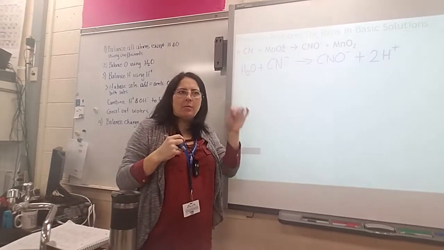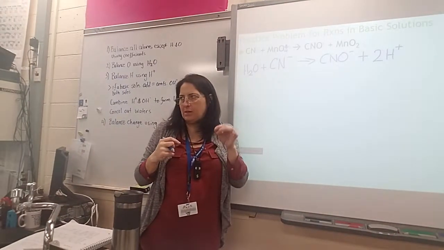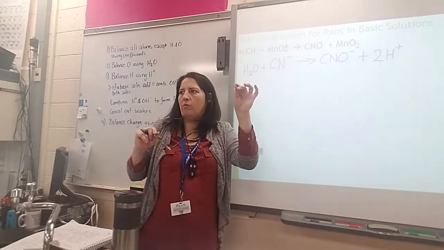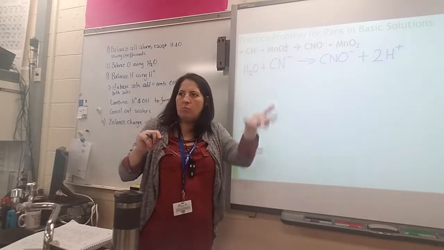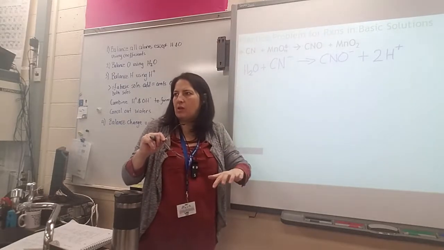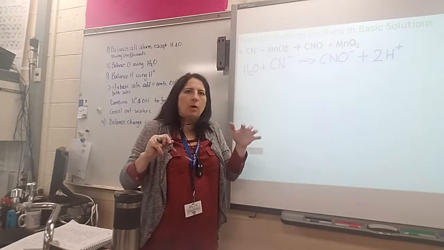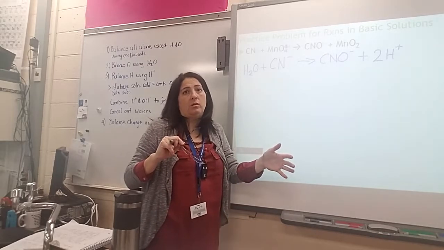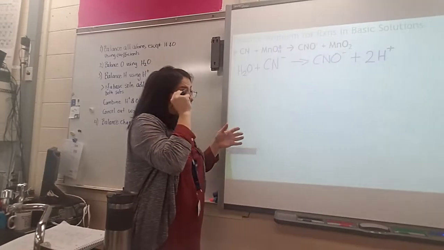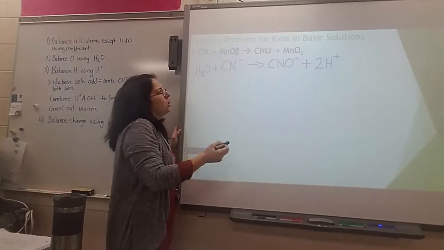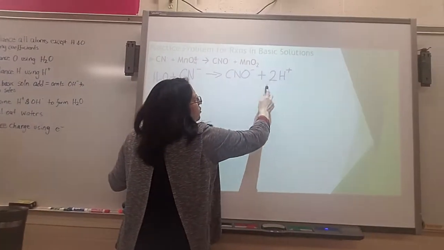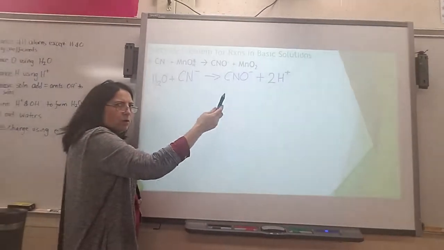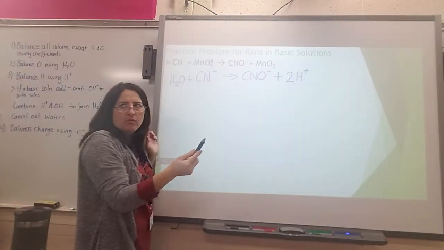Since this is in a basic solution, remember basic solutions have a predominant value of OH ions. They have more OH ions than they have H plus ions. So that's why we have to go through an extra step on this, or extra steps. When I added the hydrogens here, I have to add an equal amount to both sides of the OH ion.